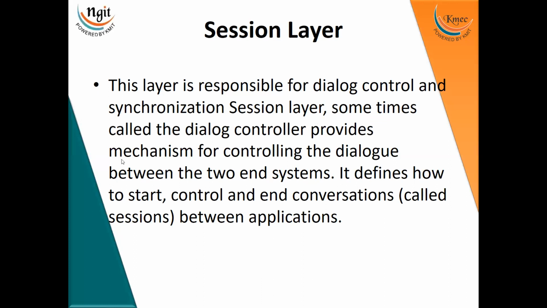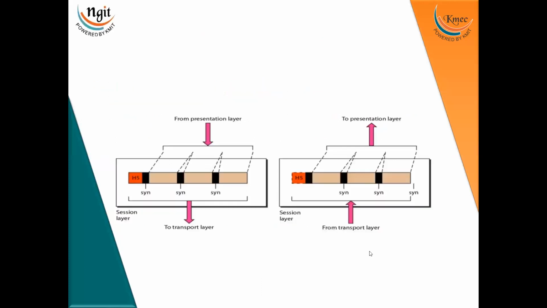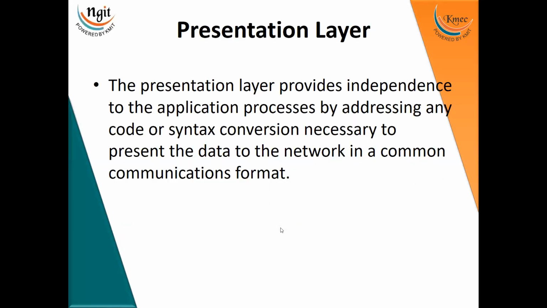The session layer, sometimes called the dialog controller, provides a mechanism for controlling the dialogue between the two end systems. It defines how to start, control, and end conversations between applications.